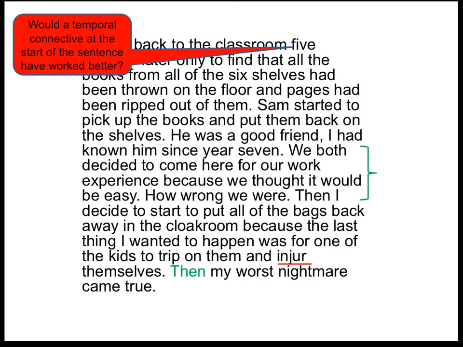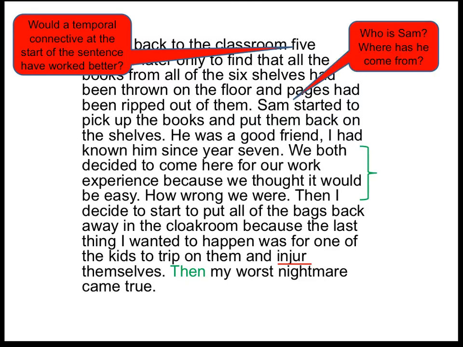So 5 minutes later, for example, might have been better at the start of the sentence. Perhaps it would have worked much better. So from your point of view, it's a real skill to be able to show that you understand when a particular sentence would be better to be reworded. It's quite an important skill to be able to pick that up.